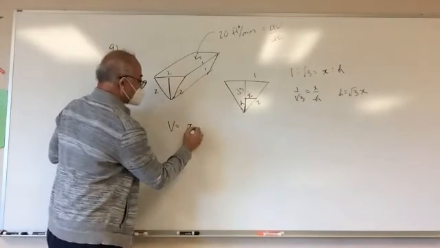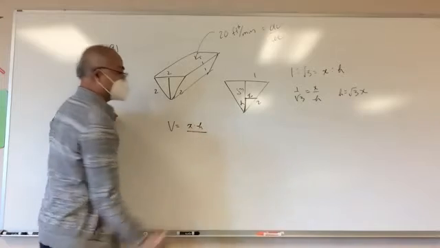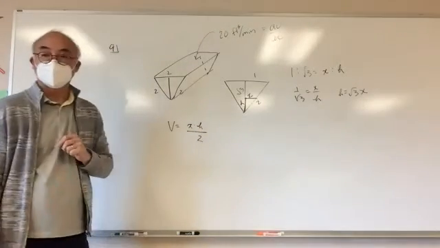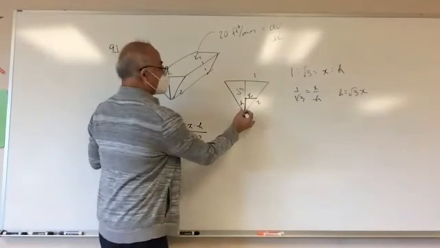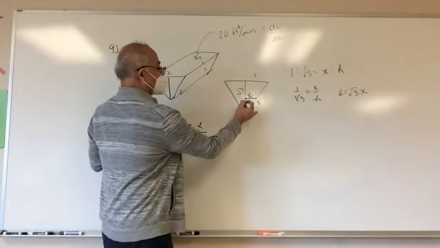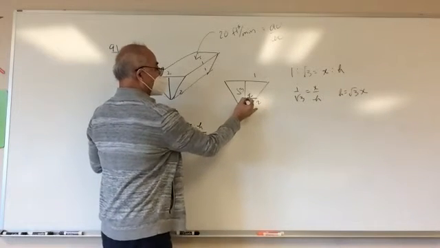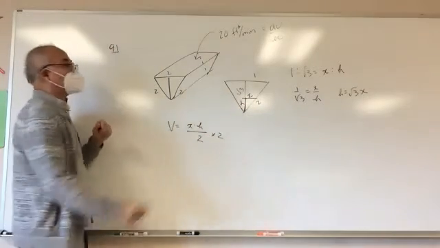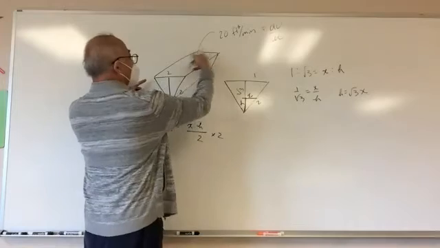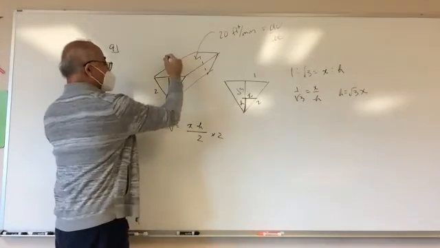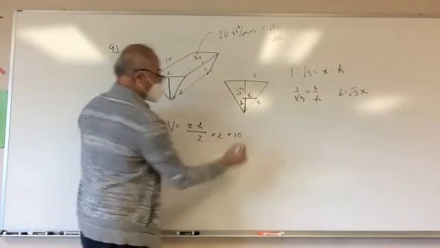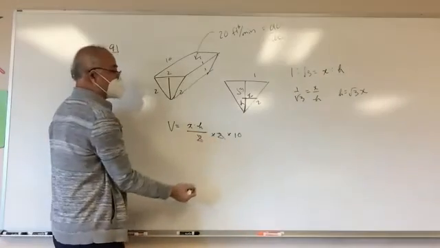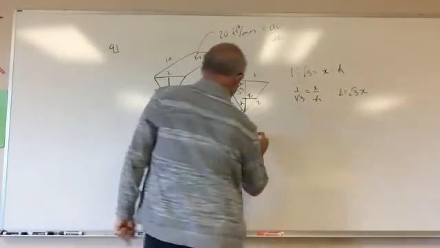So it's going to be x times h divided by 2, right? That's this triangle right here. How many of those do we have? You have 2, right? And then you're going to have to multiply that by the length, which was 10, right? 10. The 2s cancel out. h is that. So let's see if I can plug that in.